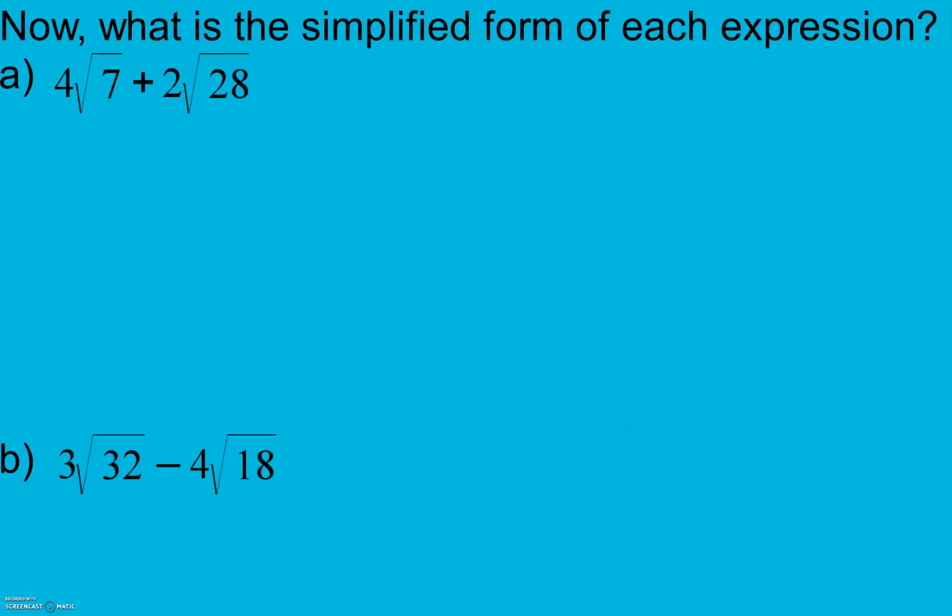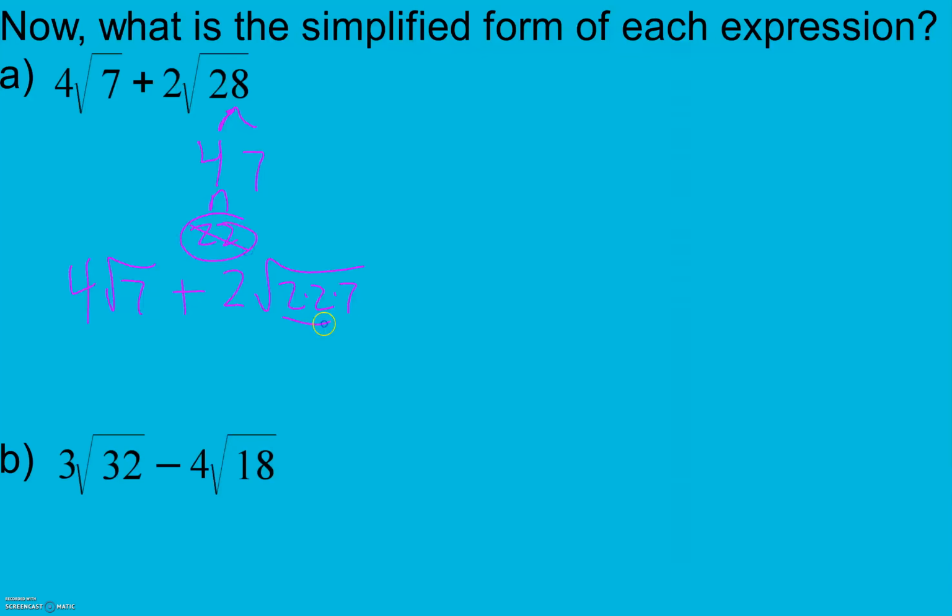Now feel free to pause here and give these a try. What is the simplified form of each expression? Again, first glance looks like maybe it doesn't get combined, but here I can break this down into 4 times 7 and 2 times 2. So what I really have is 4 square roots of 7 plus 2 times the square root of 2 times 2 times 7.